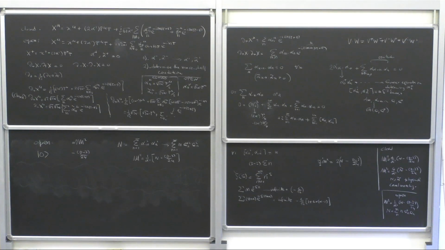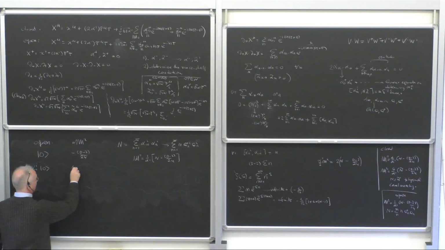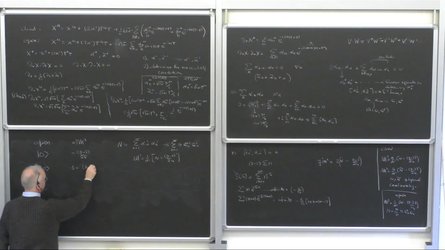The next mass level is obtained by applying to the vacuum the alpha minus 1, or a dagger 1, oscillators. So if I apply on the vacuum alpha minus 1 I, this contributes 1 to N, and the result I get is a mass squared which is this.